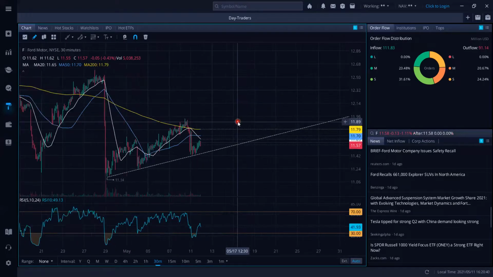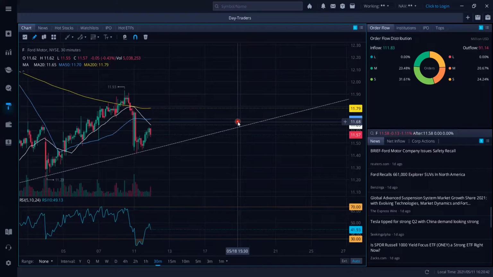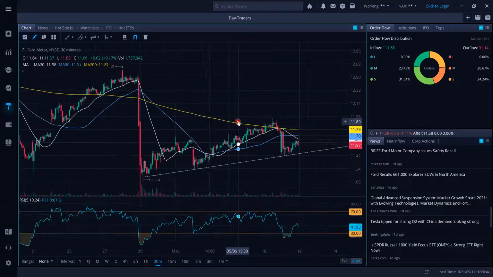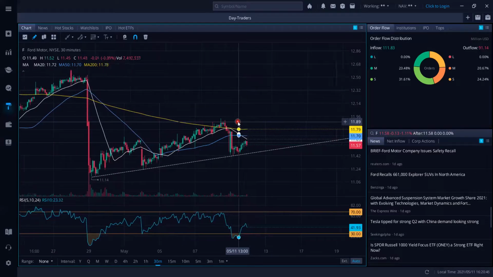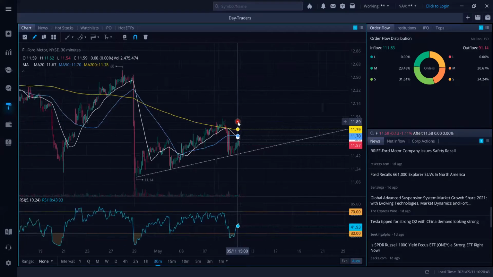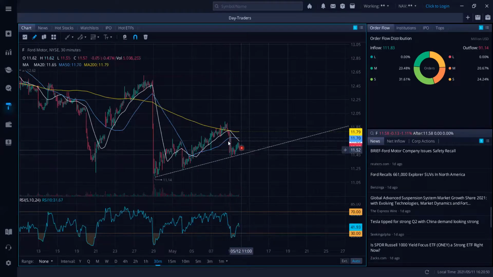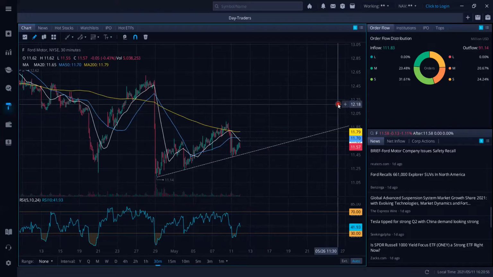That's just what it is. So this is our new support right here for Ford, and we'll keep track of this over the next couple of days. We should see it bouncing up and down off of this line a little bit.